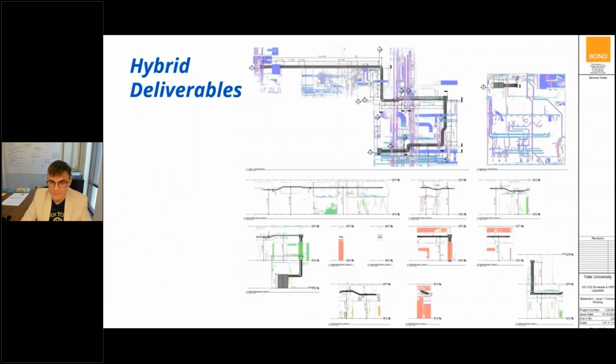And if you didn't end up modeling the entire facility, you can deliver a hybrid deliverable that has both the point cloud and the model, where the point cloud provides contextual information for any modeled components. And so it's comprehensive, but also cost effective.